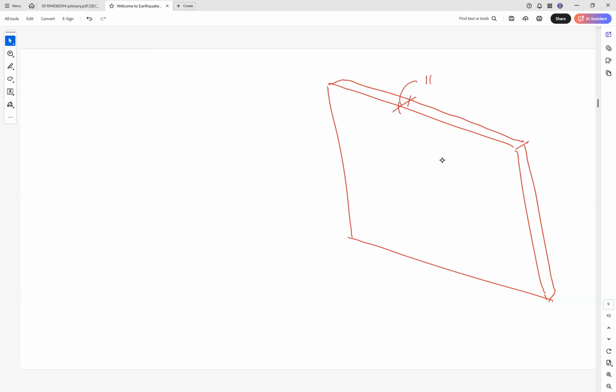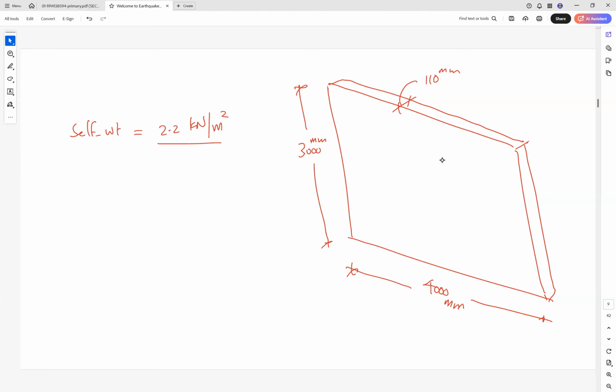The thickness of this wall is 110 millimeter again. The height is 3000 millimeter. The width is 4000 millimeter. The self weight of the wall is equal to 2.2 kilonewton per square meter. And the wall, as you read, is supported along its top edge and bottom edge, only the horizontal edges.